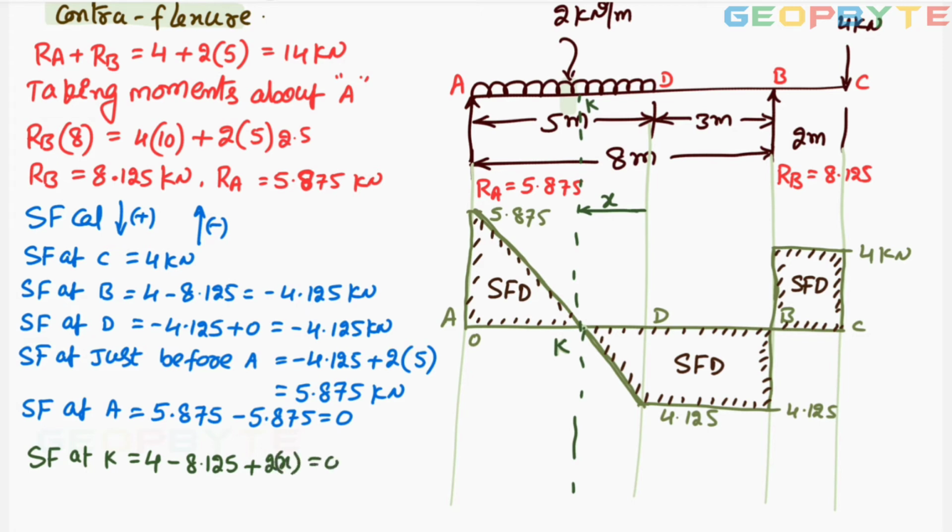It must be equal to 0 because at K SF equals 0. It is minus 4.125. So from this, x equals 4.125 divided by 2, which gives 2.06 meters. So maximum bending moment is occurring at a distance of 2.06 meters from D.